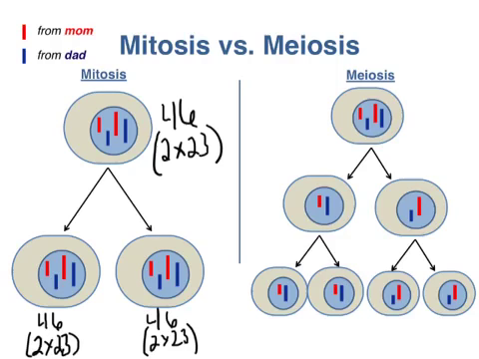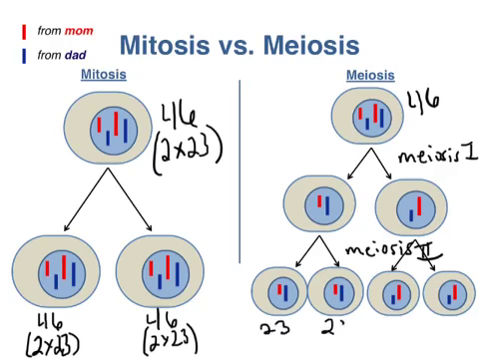Now, in meiosis, you start out with a cell that has 46 chromosomes, but it undergoes 2 rounds of cell division. You have meiosis 1, and you have meiosis 2. And by the time you're done with meiosis 2, you have 4 daughter cells with 23 chromosomes apiece. 1 set of 23 chromosomes.